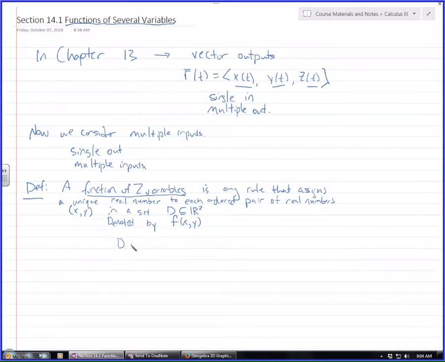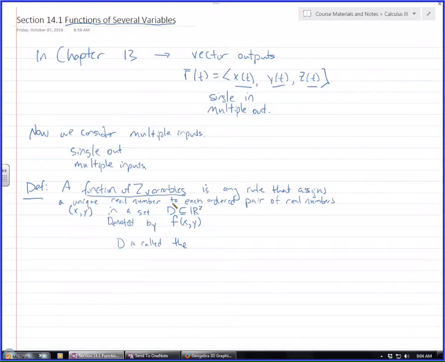D is called the, any guesses? It's the place from which I can grab my inputs. What is the set of all possible inputs called when you're talking about functions? I'll give you a hint.